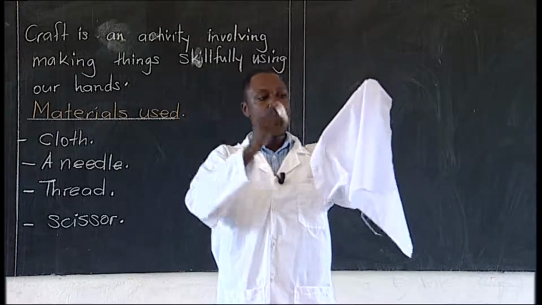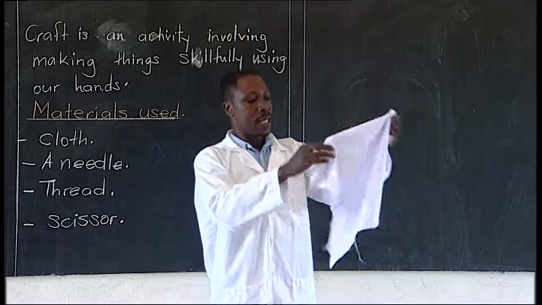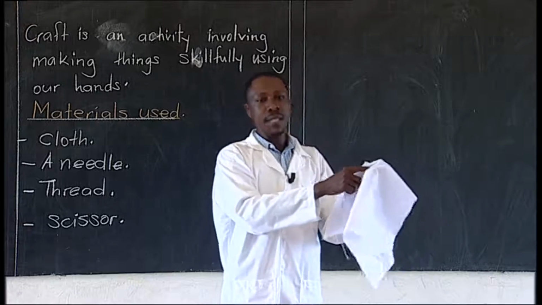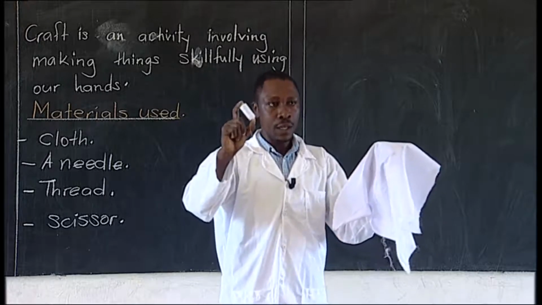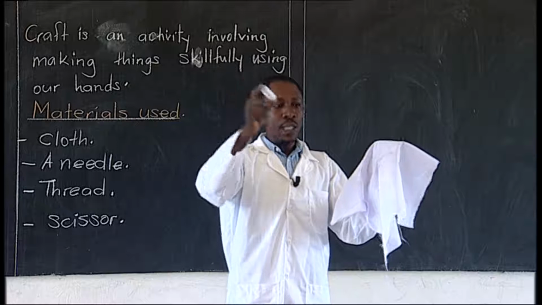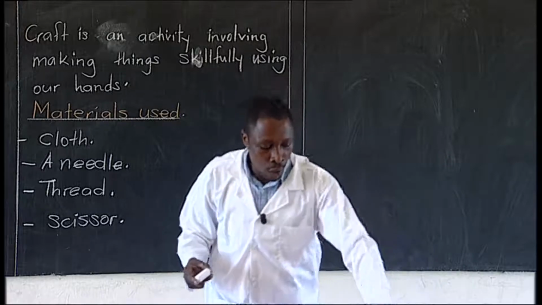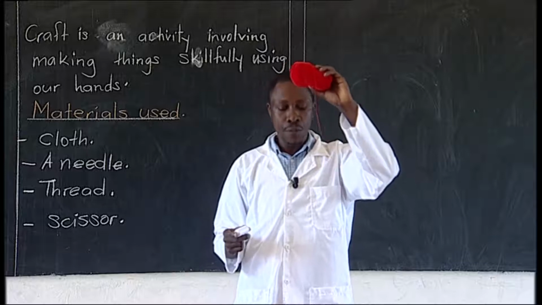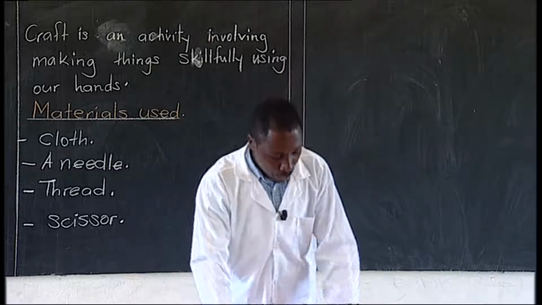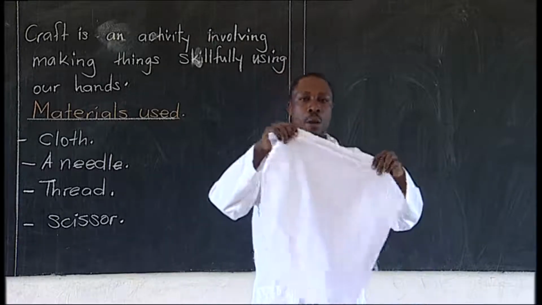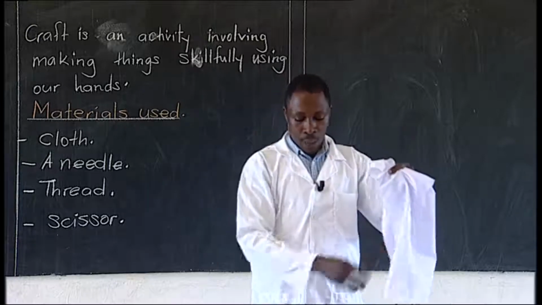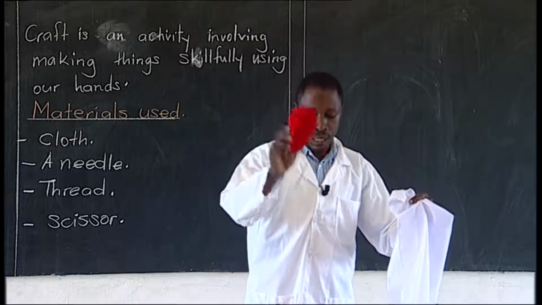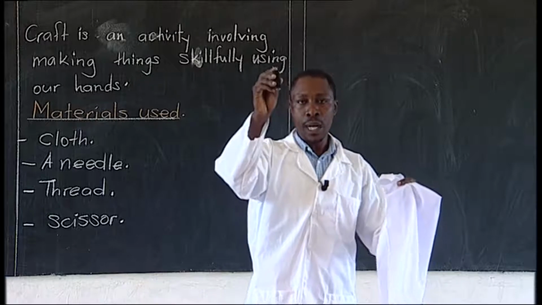When you do, your shape will not be seen easily. So don't use white on white, or red on a red piece of cloth. For a white cloth, we are going to use red or black.